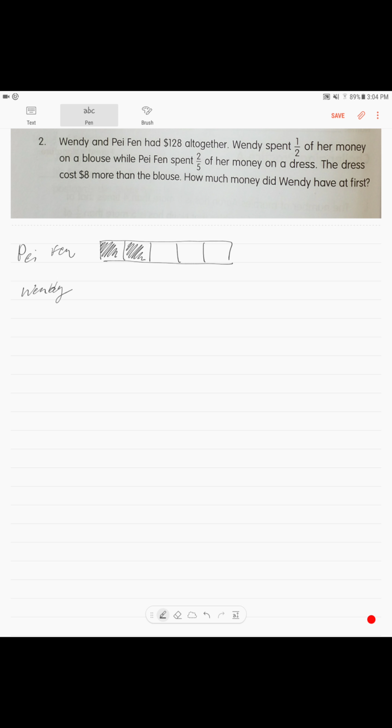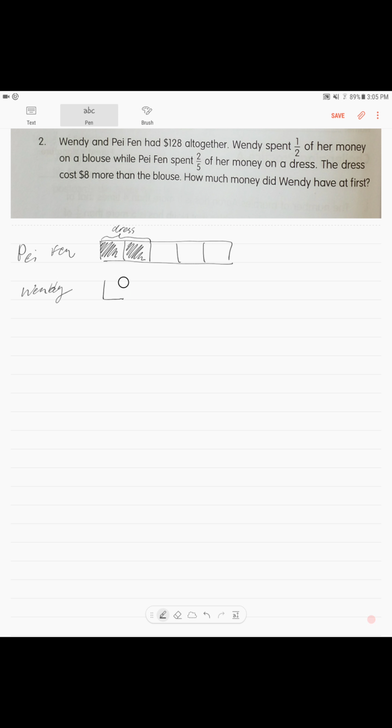This is how much she spent on the dress. And they tell us that the dress cost $8 more than the blouse. How do we show it? We show it like this. This is going to be our blouse.